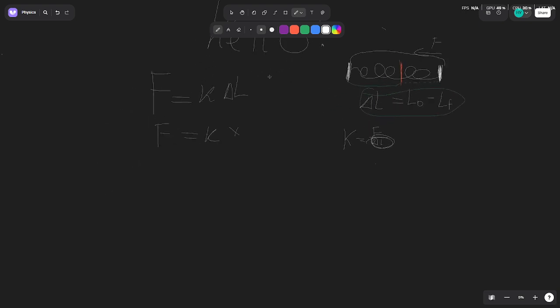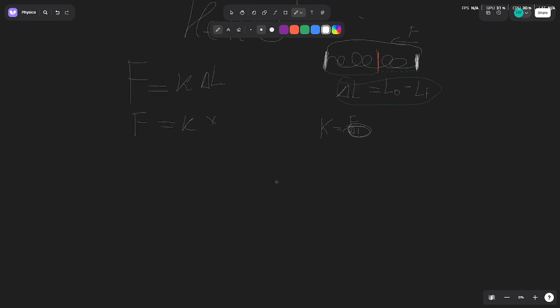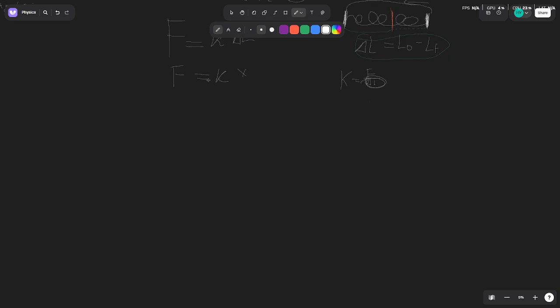But in some problems, you will need to find kinetic energy of maybe some airsoft ball, right? They were shot from some airsoft gun, and this gun usually includes a spring. So we need to find the work of the spring or the energy of the spring. How can we do it?